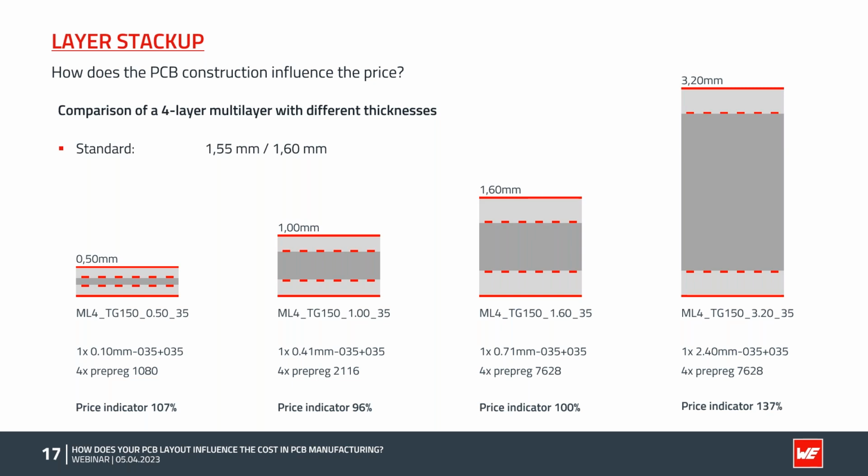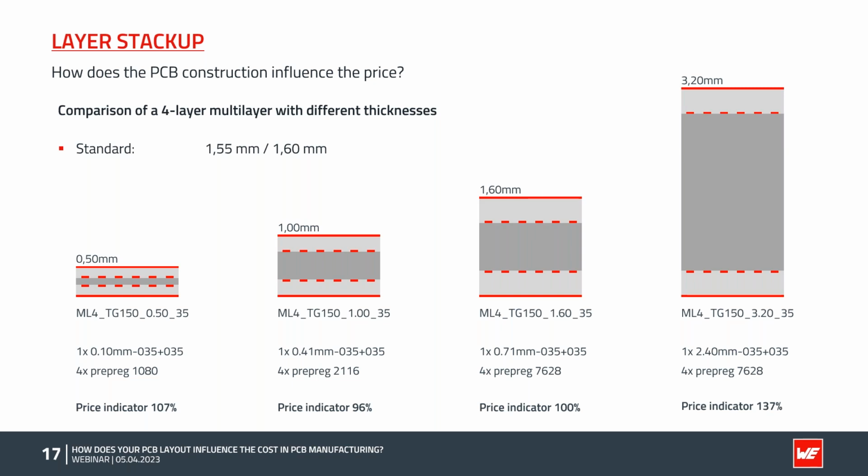So even if it's FR4, the thinner it gets, it tends to be flexible. So handling is more critical, even in our fab. So handling is a factor during PCB manufacturing, and therefore the price is going up again. And the same thing, the more material we use when it gets thicker, yeah, for sure, more material needs to be paid. So that's why the price is going up here as well.